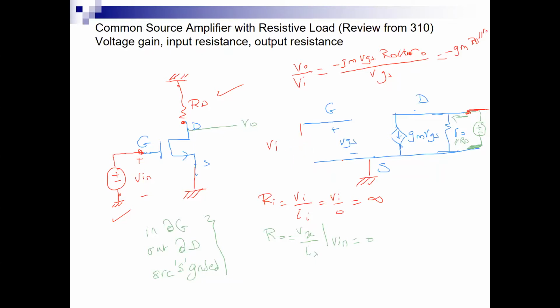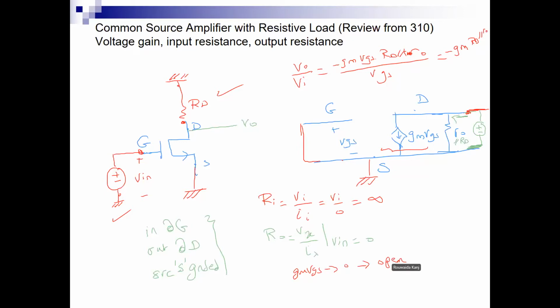0. So if this becomes 0, what happens to the gate? It is grounded, or shorted to the source, because VGS is 0. When VGS becomes 0, what happens to GM VGS, the current source that is here? Also 0. Right, so if GM VGS tends to 0 under this condition, it becomes open, because it's a current source.